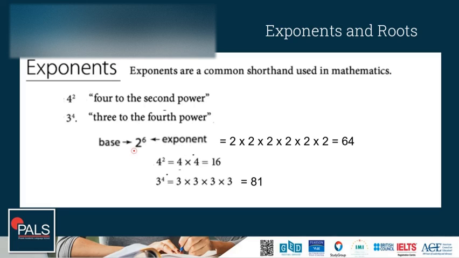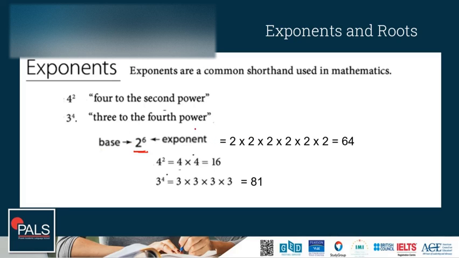Look at this term, 2 to the 6th power. 2 to the 6th power has an exponent of 6. And again, the exponent tells how many times to multiply the base by itself.